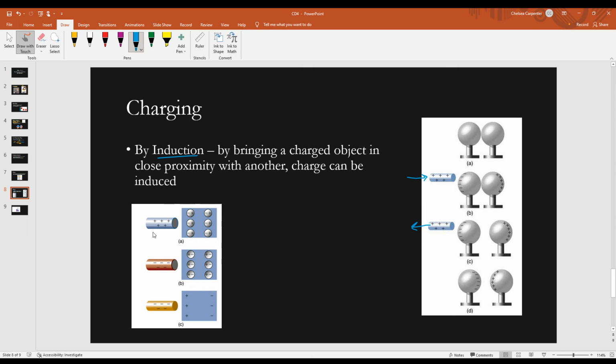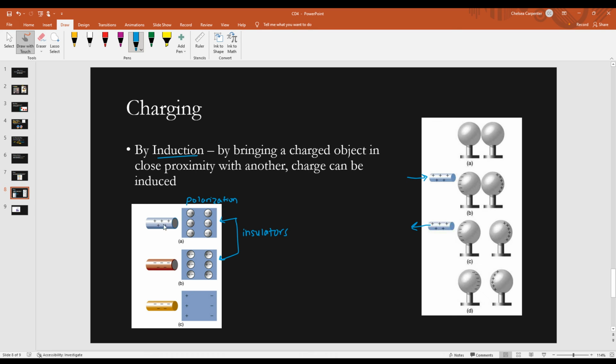The other photo over here is showing, here the top two pictures are insulators. So we're not having a huge movement of positive or negative charges from one side to the other. But when you bring a charged object in close proximity, you get a polarization of the atoms.